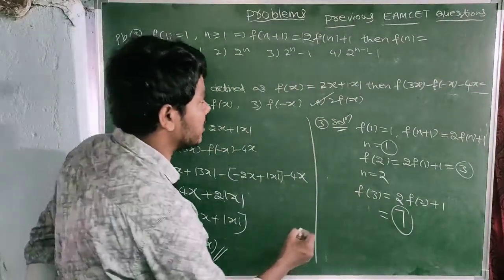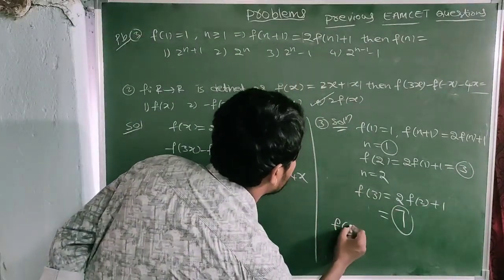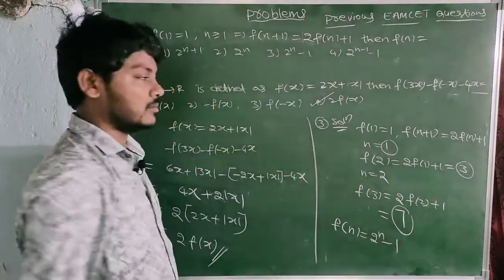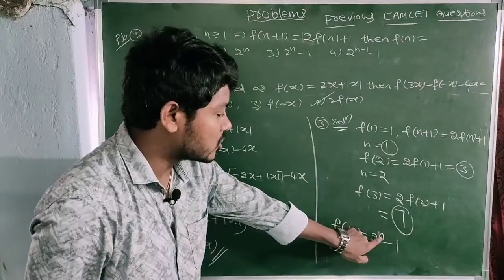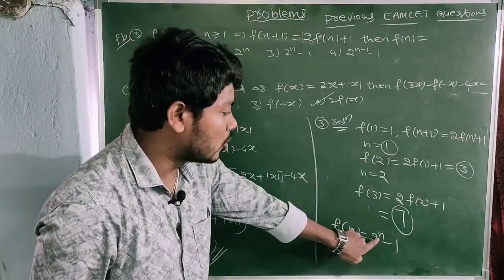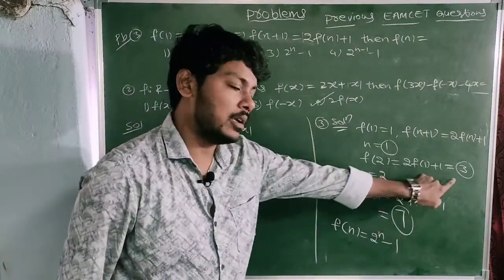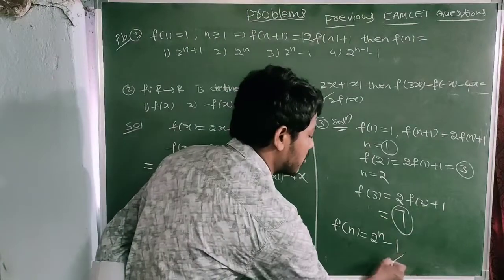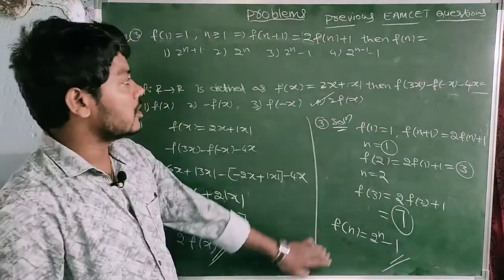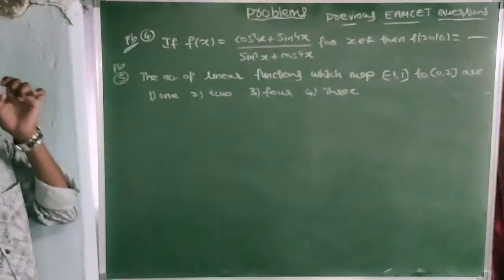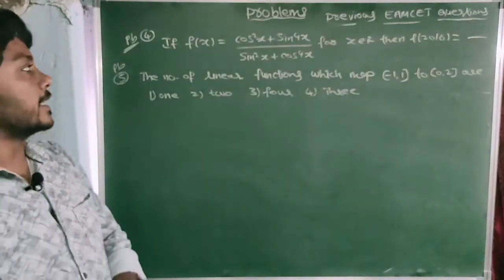So simply this can be written as f of n is equal to 2 power n minus 1. So here substitute, if n is equal to 1, what do you get? 1. If n is equal to 2, 4 minus 1, 3. If n is equal to 3, 8 minus 1, 7. So this is a general formula. So option number 3.